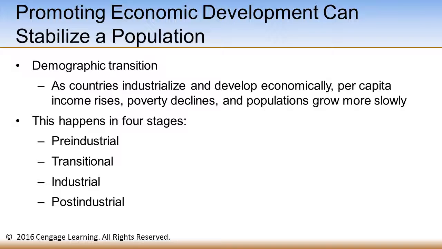Basically, as countries begin to industrialize and develop economically, the per capita income rises. As a result, poverty declines and populations start to grow more slowly. It happens in 4 stages: the pre-industrial, the transitional, the industrial, and the post-industrial stage.